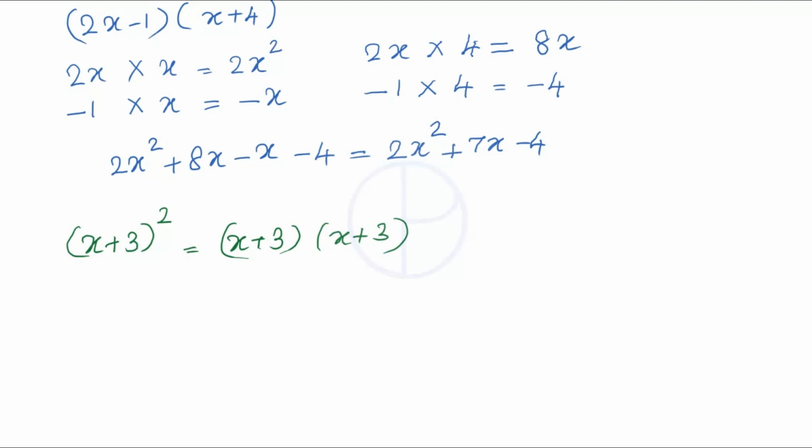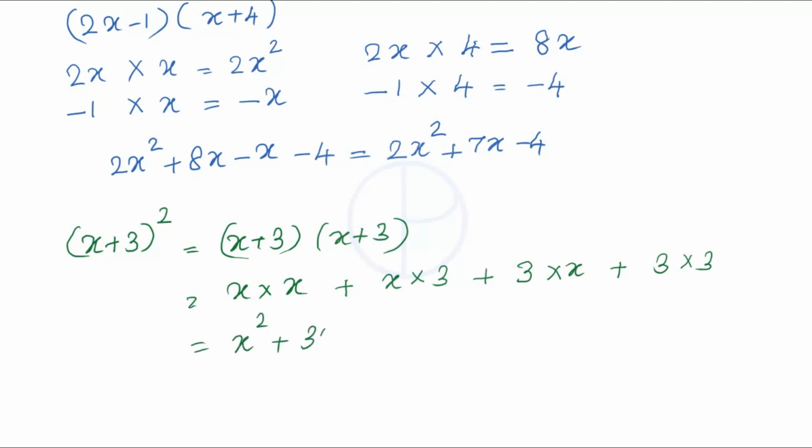First term, that is x multiplied by x, plus O represents outer term, so x multiplied by 3, plus inner term 3 multiplied by x, plus last term 3 multiplied by 3, equal to x squared plus 3x plus 3x plus 9.